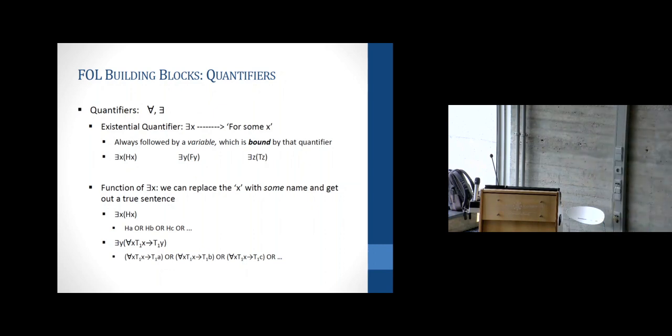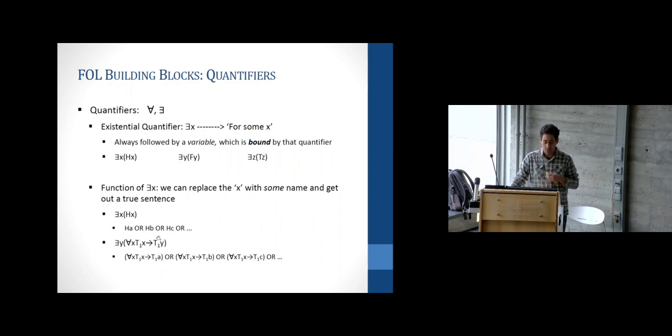So when I have a sentence like there is an x, Hx, this means there is at least one name that will make this sentence true. If I'm saying someone is from the Netherlands, then there is a particular object with a name such that that object is from the Netherlands. So I can do this replacement to get these sentences.